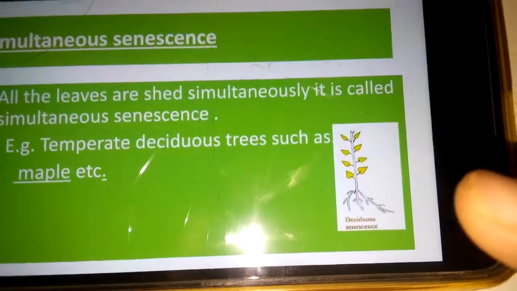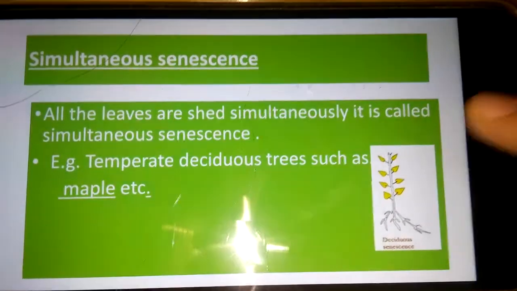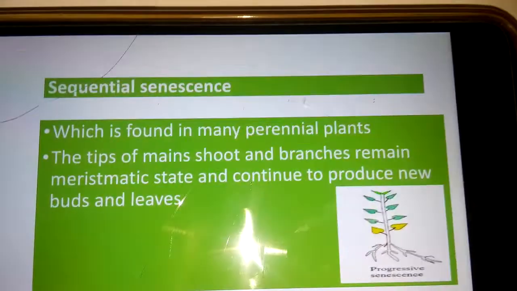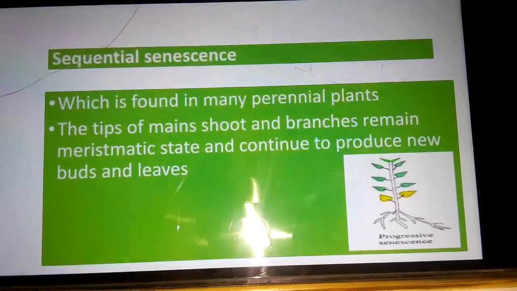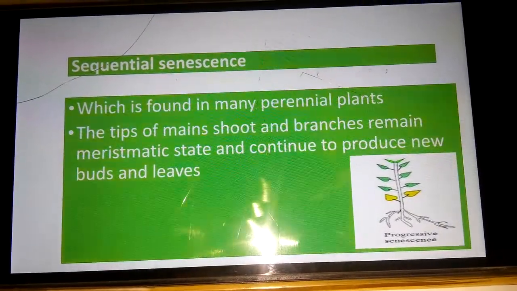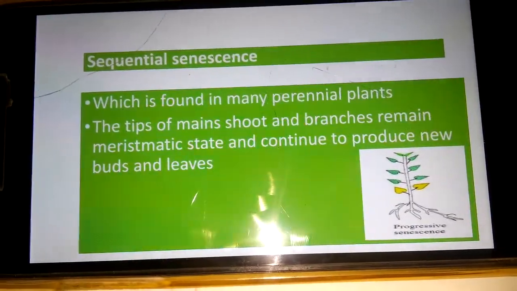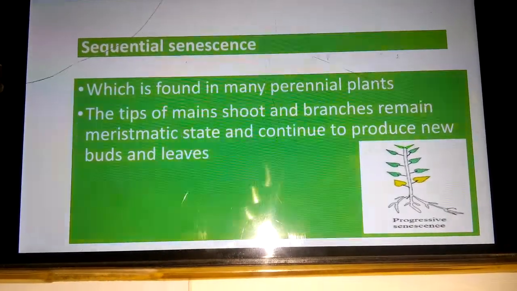So this type of senescence is called simultaneous senescence. Sequential senescence is commonly known as progressive senescence, which is found in many perennial plants.